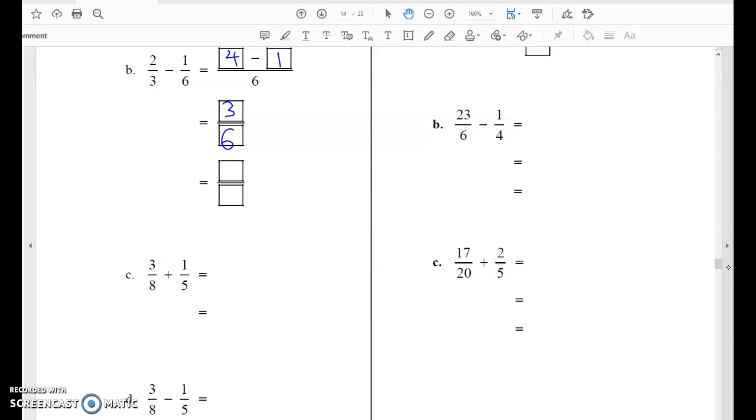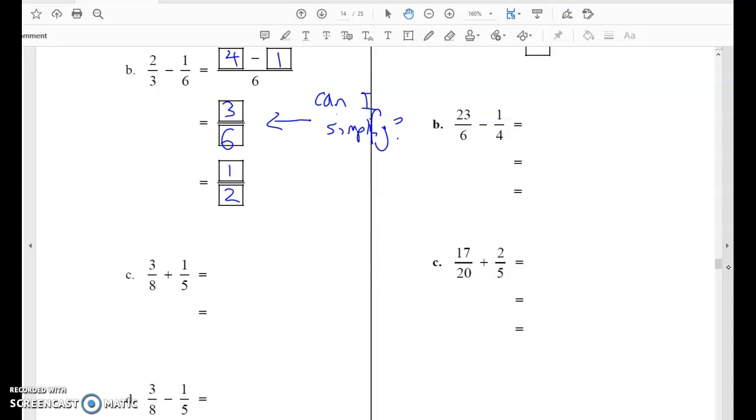That's how much of a whole we have. And we can simplify that down to 1 out of 2. So whenever you're adding and subtracting fractions, you always want to check, can I simplify any further? In this case we could.